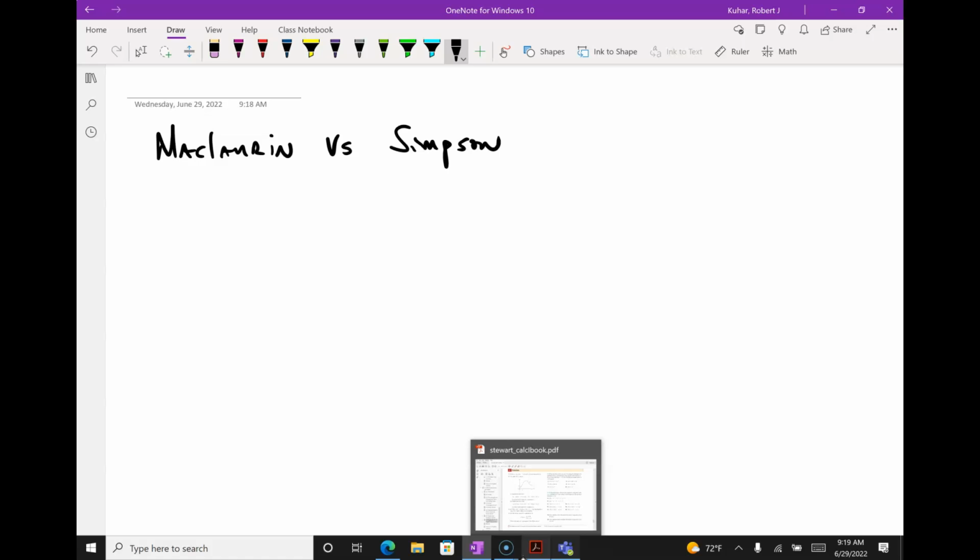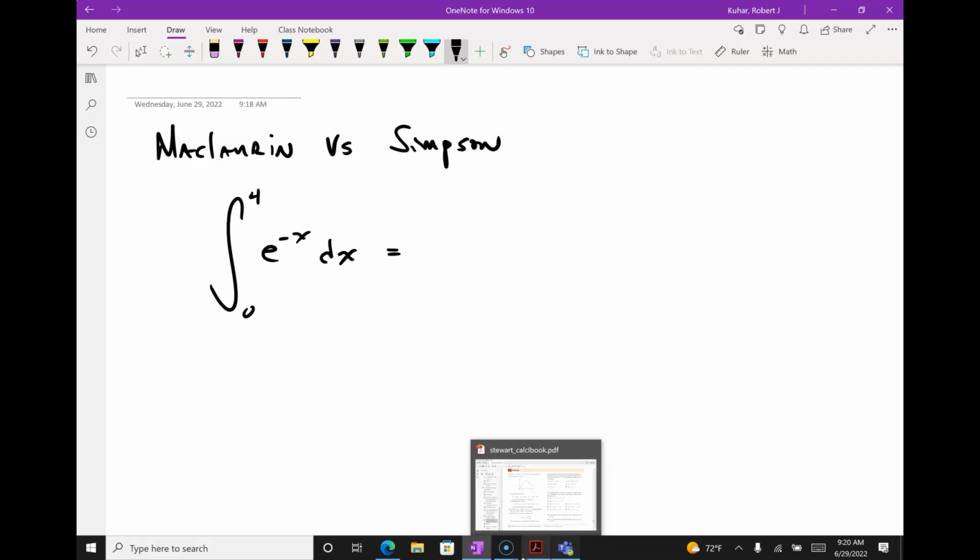Let's just start real simple with it, okay? So let's start with, let's say, the integral from 0 to 4 of e to the minus x dx. So real simple. Of course, we can get the exact value here.